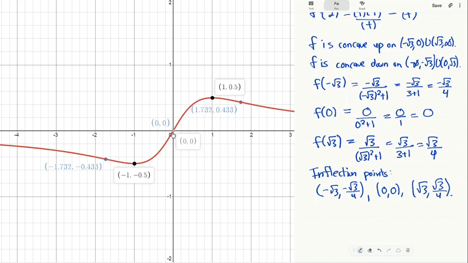And then from 0 to root 3, the function is concave down. So the origin is another inflection point. It goes from concave up to concave down. And then from root 3 to infinity, it is concave up. So again, another inflection point is at root 3, since it goes from concave down to concave up.